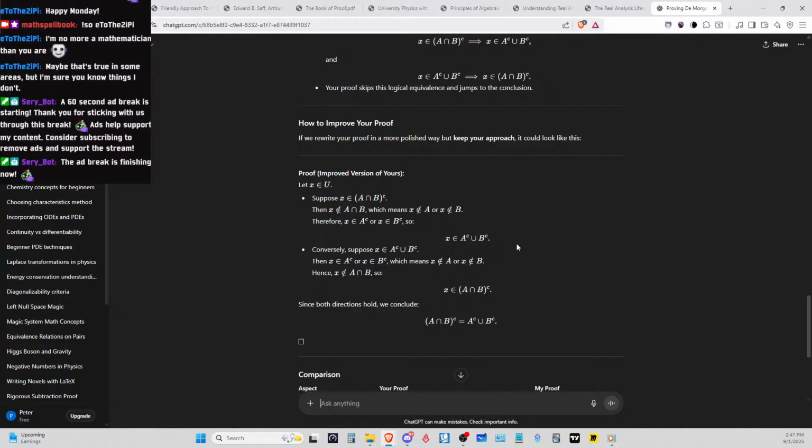So according to ChatGPT, I basically expanded too much on one definition compared to another.